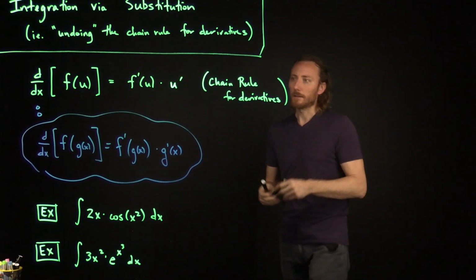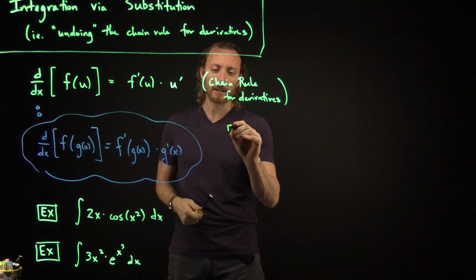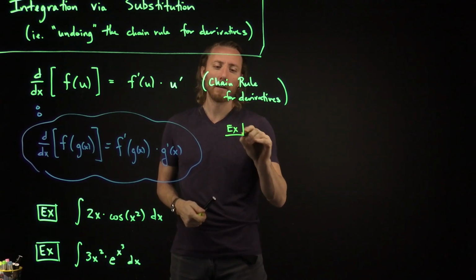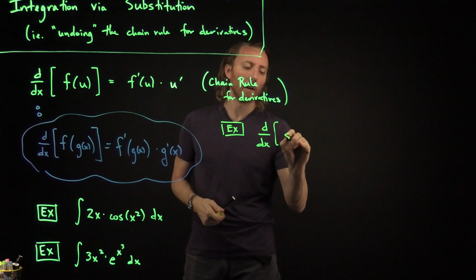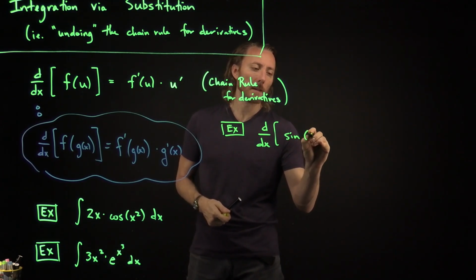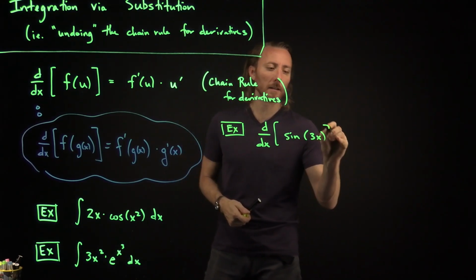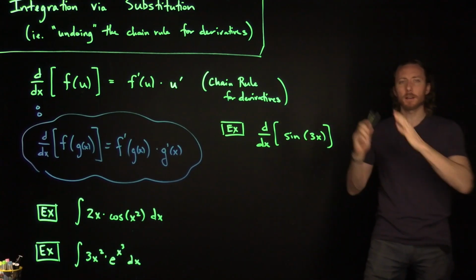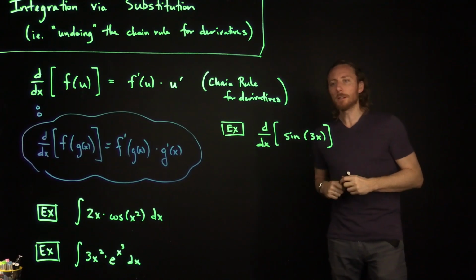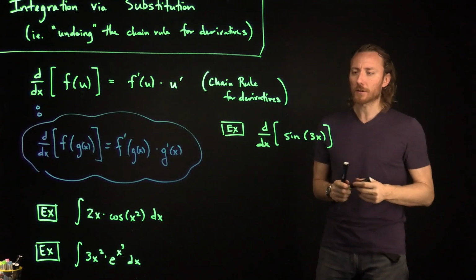So, just to remind ourselves of an example that you could see here, what if we took the derivative of sine of 3x? Well, note, this is not just sine of x, right? This is sine of 3x. We've got a function inside our function. So this is a classic application of the chain rule.